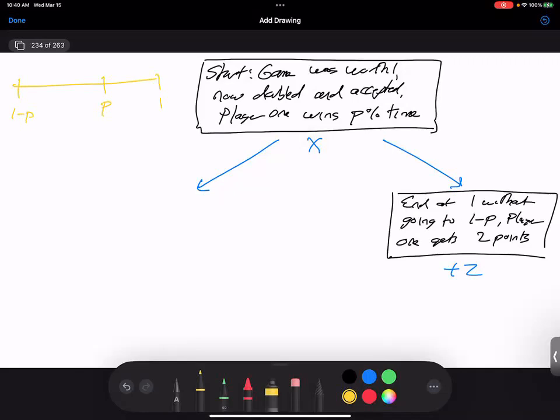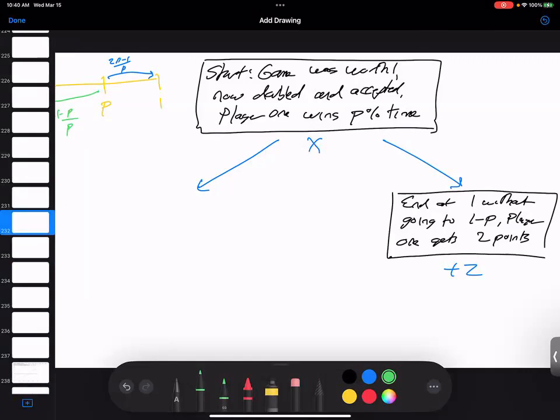And so the probability that we go from P to 1 was equal to, was it 2P minus 1 over P? And the other one was, I think, 1 minus P over P, right?